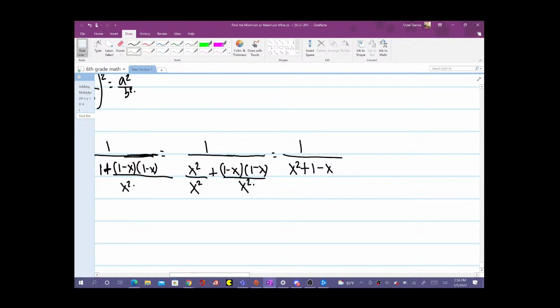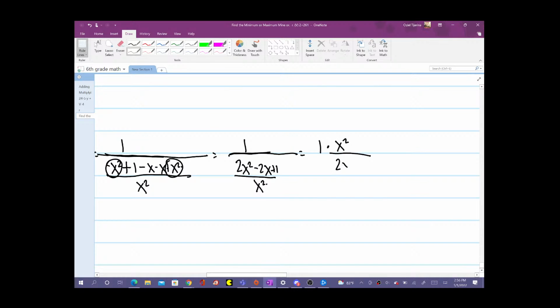So this then becomes 1 over 2x squared minus 2x plus 1, all over x squared. This then becomes 1 times x squared over 2x squared minus 2x plus 1. This then becomes x squared over 2x squared minus 2x plus 1. So this is your final answer for this one.